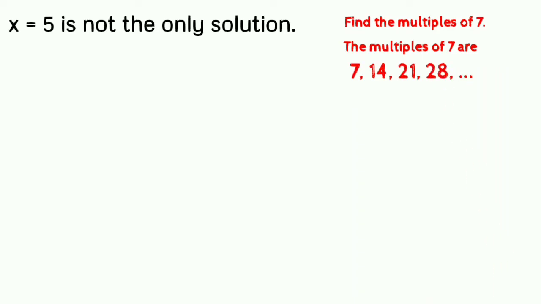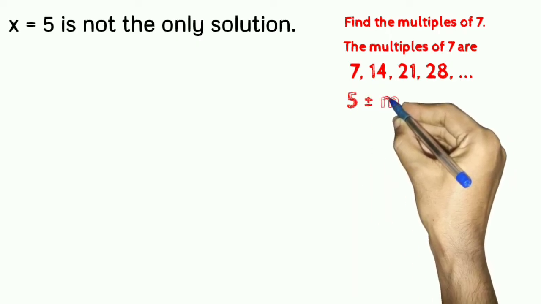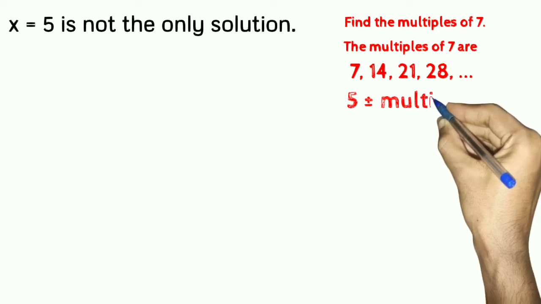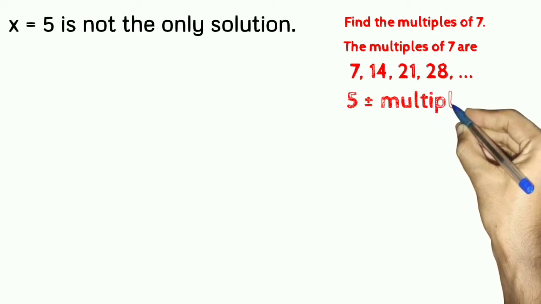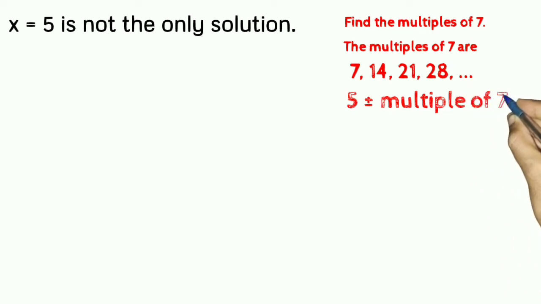7 times 1 is 7, 7 times 2 is 14, 7 times 3 is 21, 7 times 4 is 28. So, ang multiples ng 7 ay 7, 14, 21, 28, and so on. After getting the multiples of 7, just add or deduct them to 5.